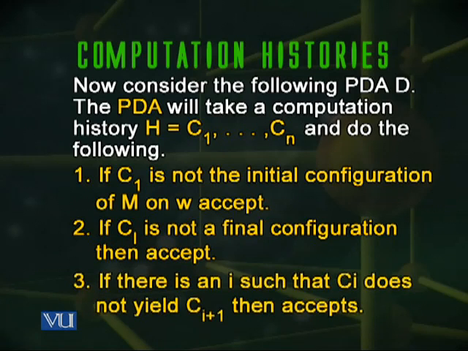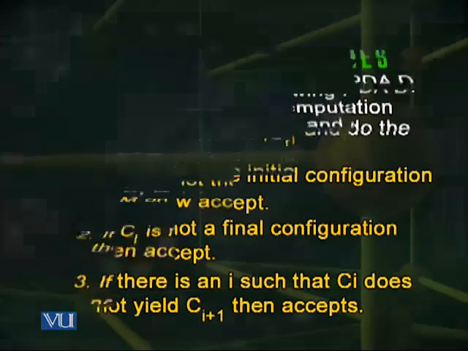It will also accept if there is an I such that CI does not yield CI plus 1. So this pushdown automaton D is just trying to make sure that its input is not an accepting computation history of M on W. Let's look at a little more detail.